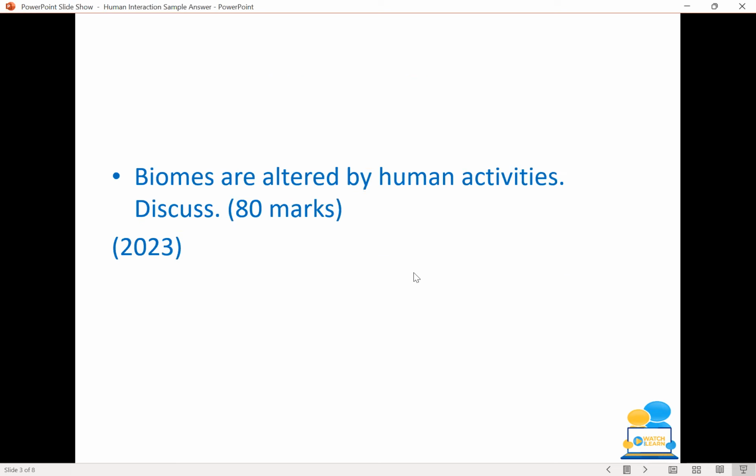So the question that we're looking at in this particular one is: biomes are altered by human activities, discuss. Okay, so it's an 80 mark question that came up last year, in the 2023 Leaving Cert paper.